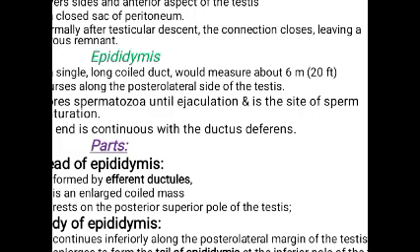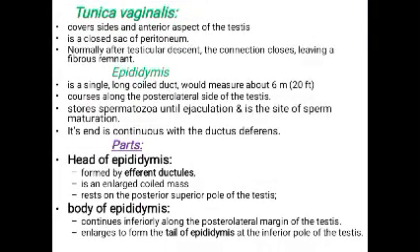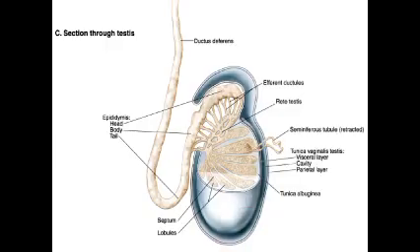Body of epididymis continues inferiorly along the posterior lateral margin of the testis. It enlarges to form the tail of epididymis at the inferior pole of the testis. The diagram looks like this.